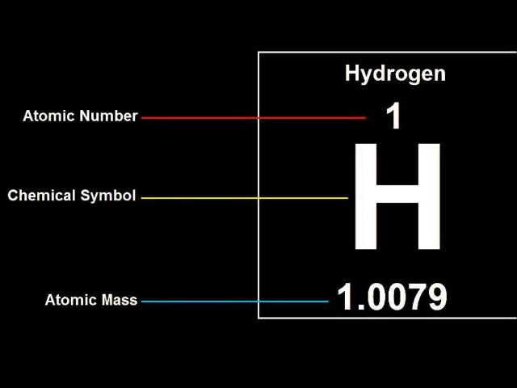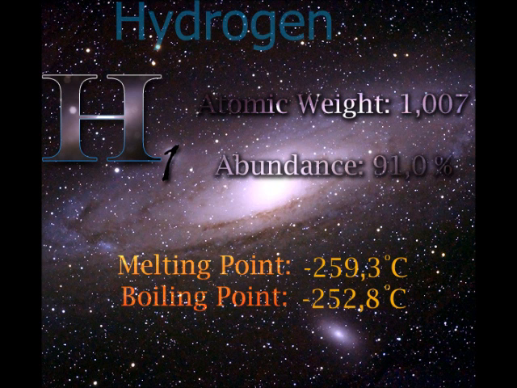But let's talk a little bit about this element. First off, the chemical symbol for hydrogen, most of us know, is the letter H, and the atomic number is 1. Like I was saying, the atomic number means that 1 proton is found in the nucleus of hydrogen. So that's why there's the number 1 there.